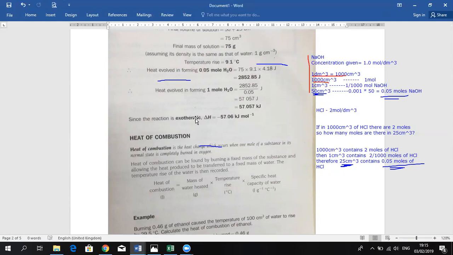And remember the formula for enthalpy change: it is H products minus H reactants. In this case, the reactants have more energy, so the overall value you'll get for the enthalpy change is going to be negative. Okay, that makes sense. So that's what's happening there.